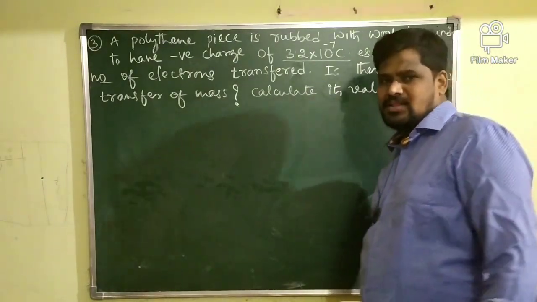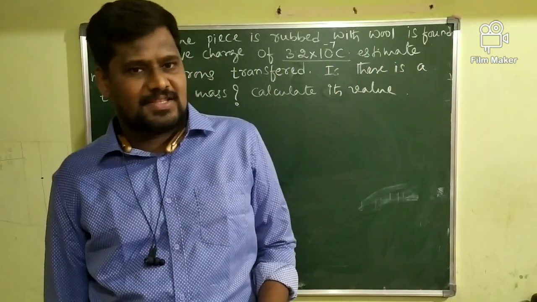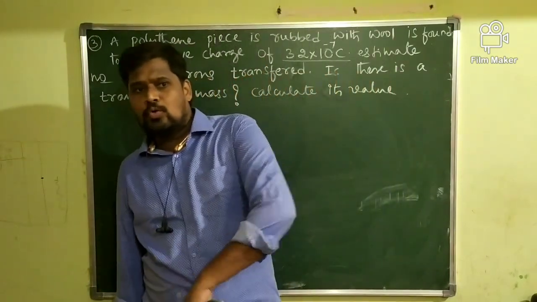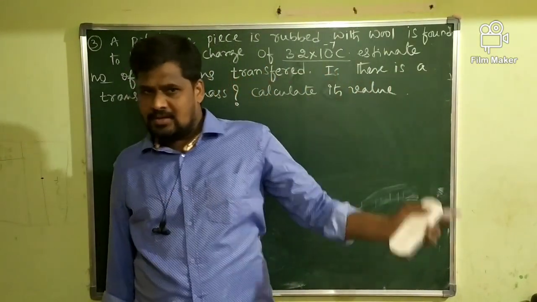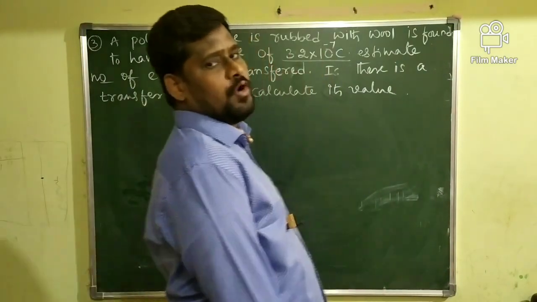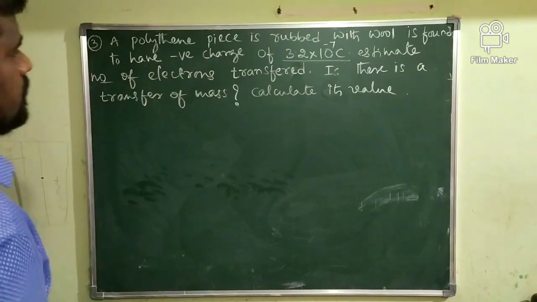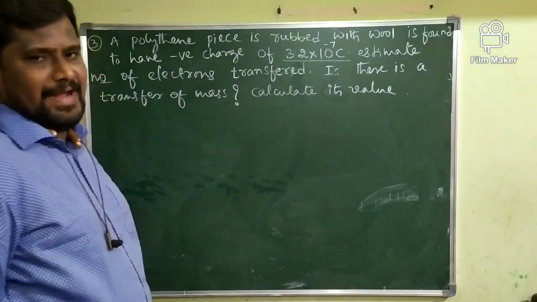Wool. And polythene is gaining the negative charge and electrons get transferred from wool to the polythene. That's why the polythene piece is going to have the negative charge.